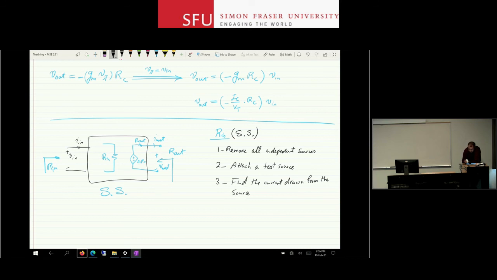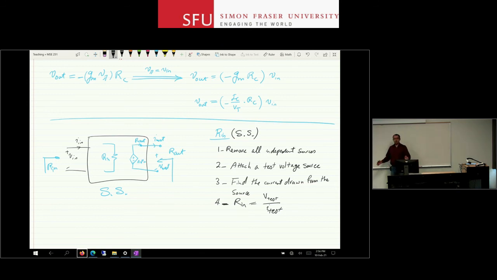And this is for the test case that you use a test voltage source. I'm going to be a bit more specific, but what I'm saying here is also true if you use a test current source. So you attach a test current source and you measure the voltage that is produced at the input of that port, or you attach a test voltage source and you measure the current, and then R in is V test divided by I test. All of that small signal, okay? So that's how you calculate the input resistance.